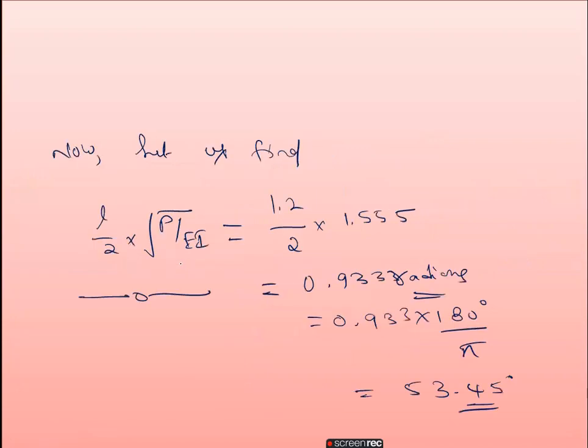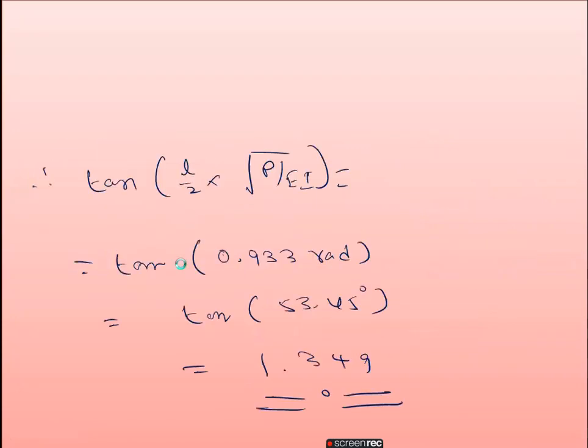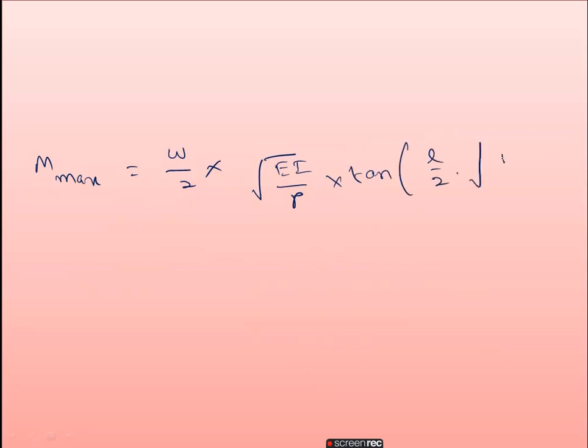Here we got all the values. Now I will substitute, and once again I will write the formula here. The maximum bending moment M max equals W by 2 into square root of EI by P, multiplied by tan L by 2 into square root of P by EI.